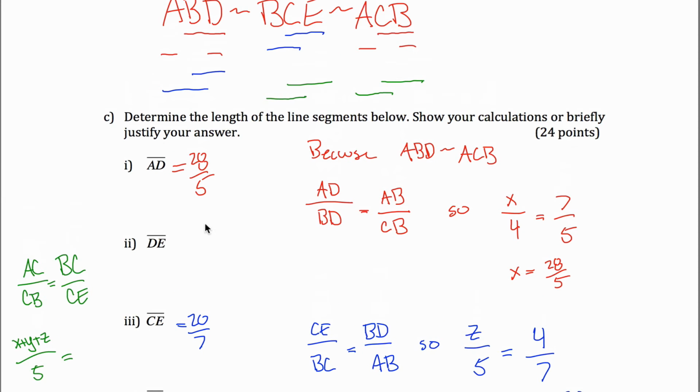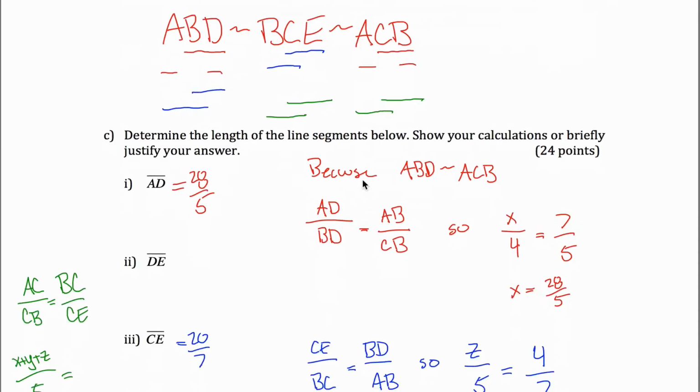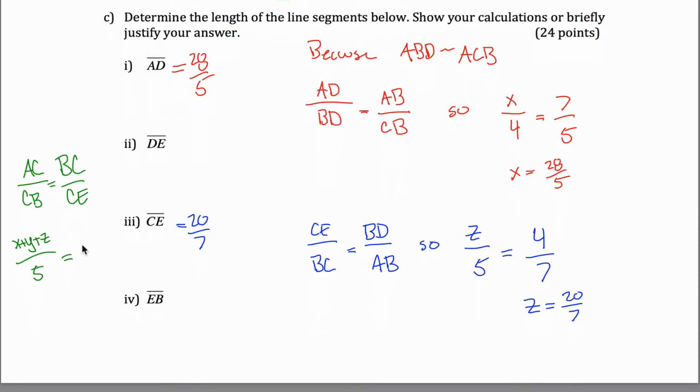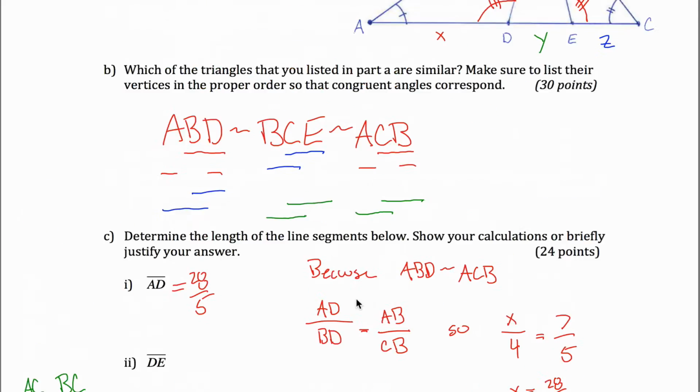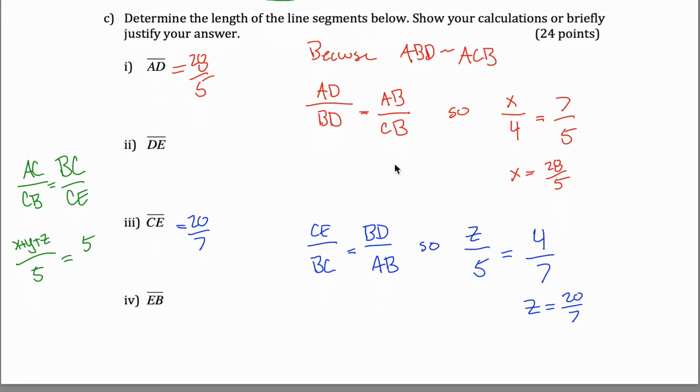And that's equal to BC, which in the picture is 5, divided by CE, which in the picture is Z, which I solved for was 20/7. Maybe use a calculator so you don't get these fractions inside fractions. But if you do, you can still deal with it. You got x plus y plus z.